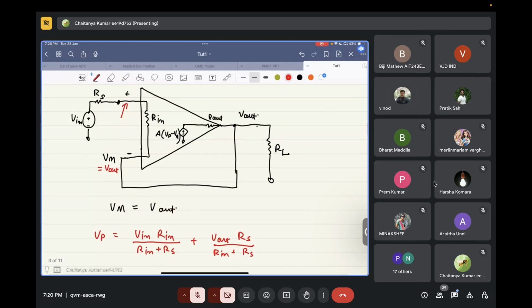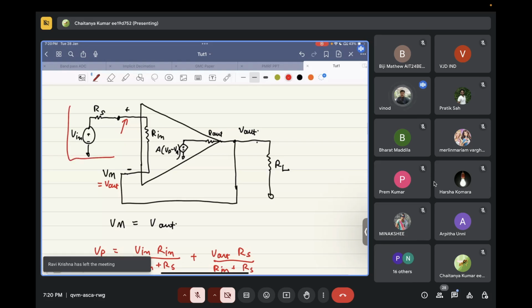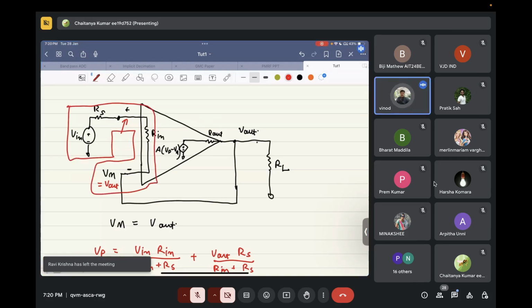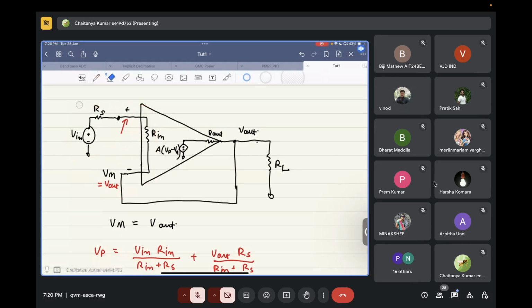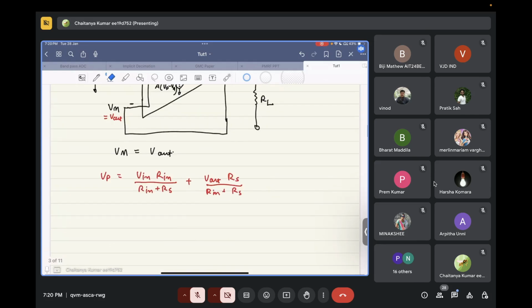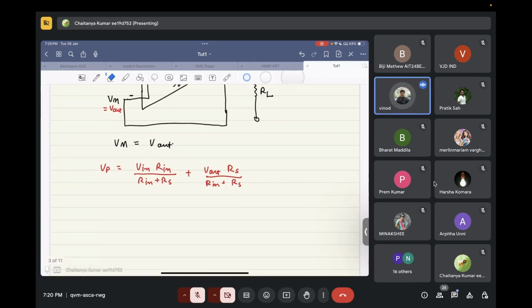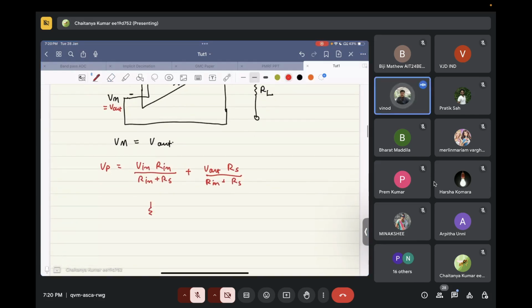So we will just focus on this particular network. We have Rs over here, we have Rin over here.